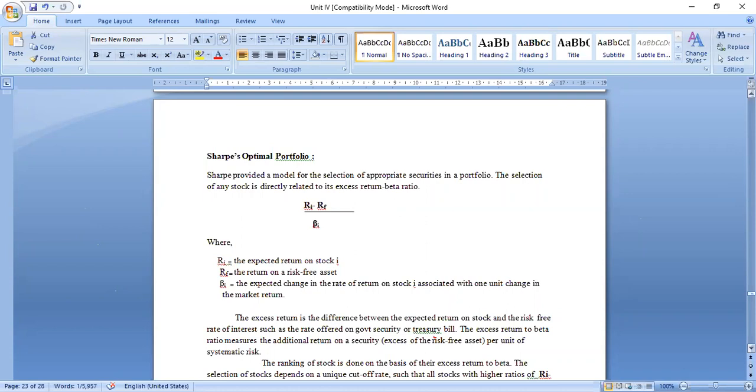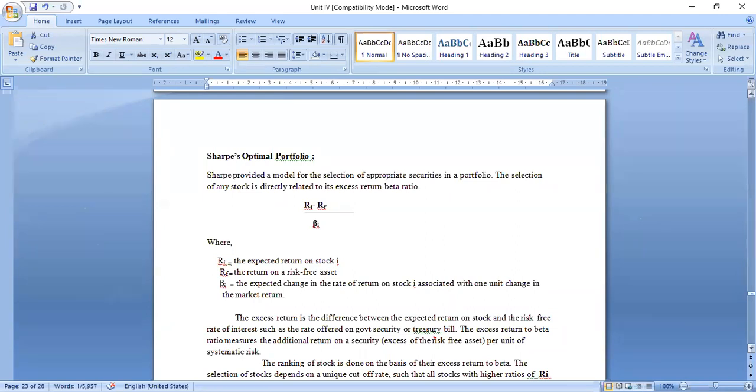It means the proportion of investment is going to be higher in those securities where the returns are definitely high. So it is going to give us a clear picture of which security should get the highest portion of investment, and which the lowest, out of the available securities in a portfolio.